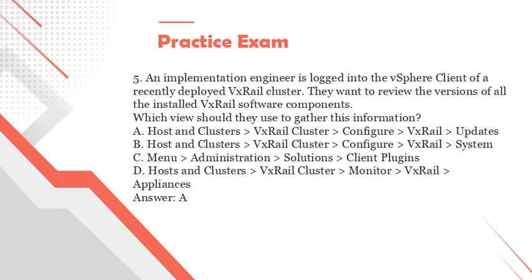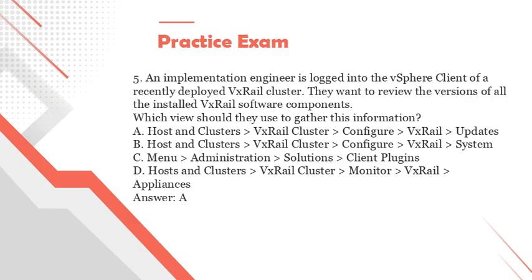5. An implementation engineer is logged into the vSphere client of a recently deployed VxRail cluster. They want to review the versions of all the installed VxRail software components. Which view should they use to gather this information? A. Hosts and clusters > VxRail cluster. Configure > VxRail > updates.